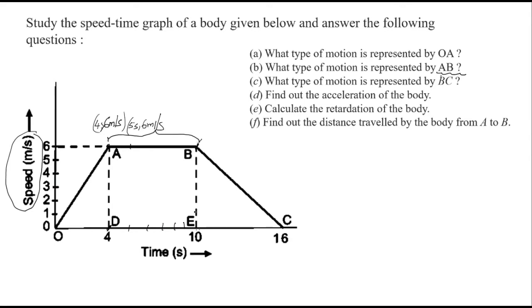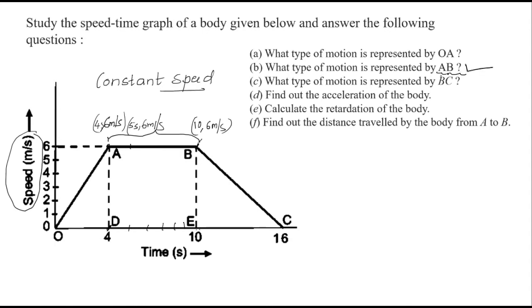Till B, when the time is 10 seconds, velocity is again 6 meter per second, and therefore velocity is not changing. It's a constant velocity, or you can call this constant speed. Either you can say constant velocity or constant speed.